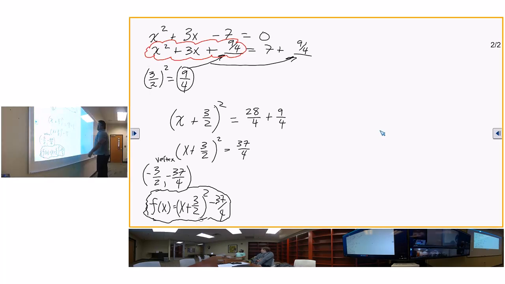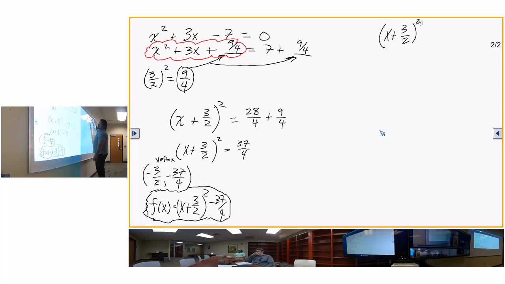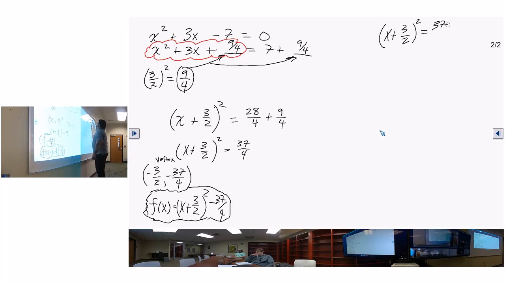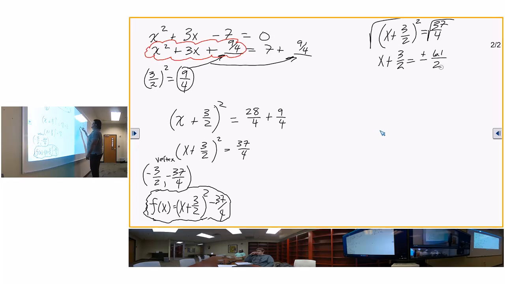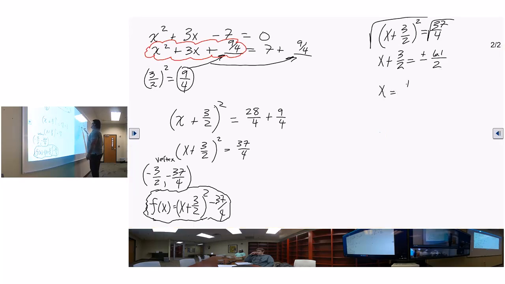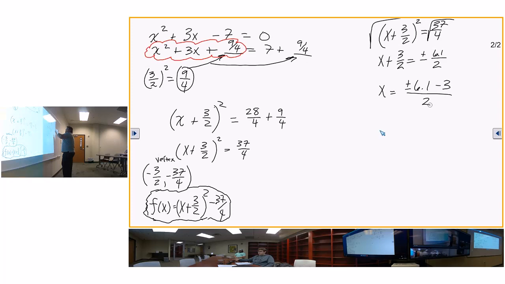So let's find the x-intercepts. X plus 3/2 quantity squared equals 37 over 4. Take the square root of both sides. X plus 3 halves is equal to positive or negative 6.1 over 2. X is equal to positive or negative 6.1 minus 3 over 2. What's 6.1 minus 3? 3.1.